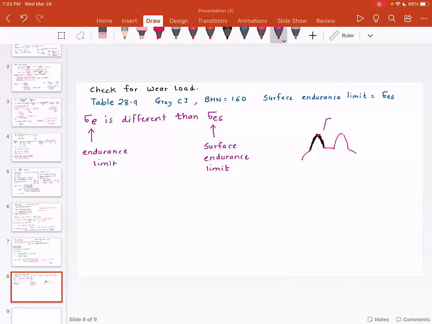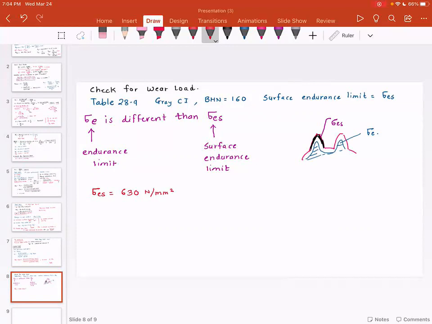So this is where you have sigma ES, and sigma E is going to be here. This is where sigma E is going to be. So surface endurance strength in this case is 630. Sigma ES is equal to 630 Newton per millimeter square.